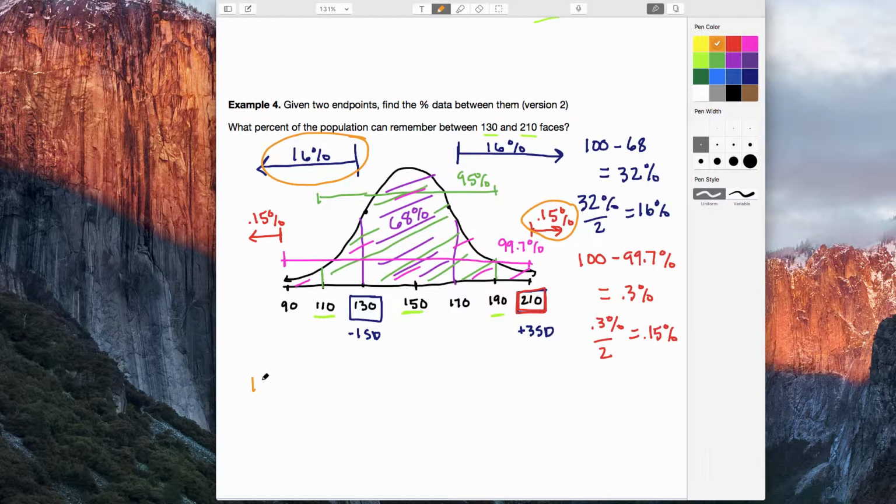So my last calculation: I'm going to take 100%, subtract 16 because they are below 130, and then subtract 0.15 because they are above 210, and what's left is exactly in the middle between 130 and 210.